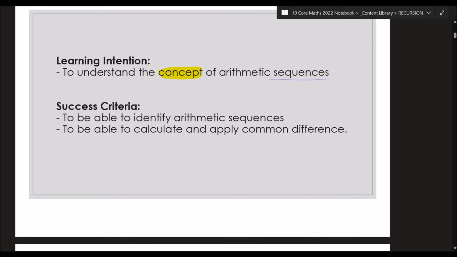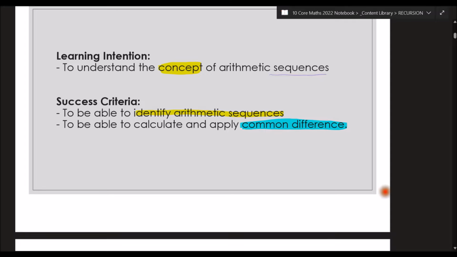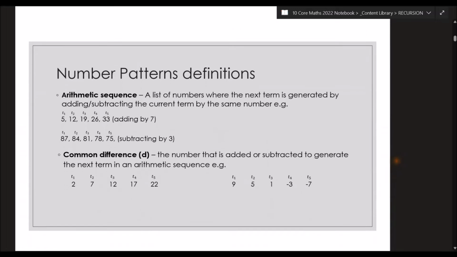And as our success criteria, we are hoping that you'll be able to identify what is an arithmetic sequence. Okay, so know basically what it looks like and be able to calculate and apply another keyword here we're going to learn about, the common difference. Okay, it's another key keyword that you'll have to learn for this session. So identify your arithmetic sequence and able to calculate and apply your common difference. Okay, let's get into it.